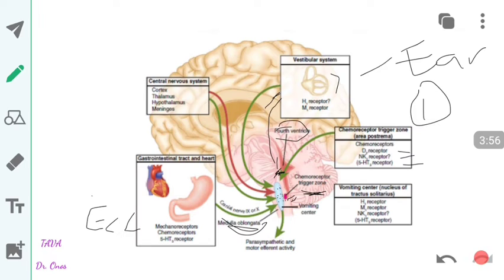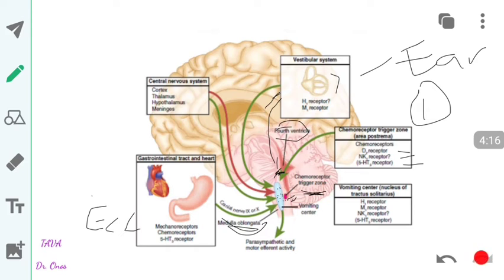Sensory neurons are usually the neurons of cranial nerve 9 or cranial nerve 10, and these pick it up and send a message to the vomiting center to initiate vomiting, meaning that there's something irritating in the gut, in the gastrointestinal tract, and we've sensed it.